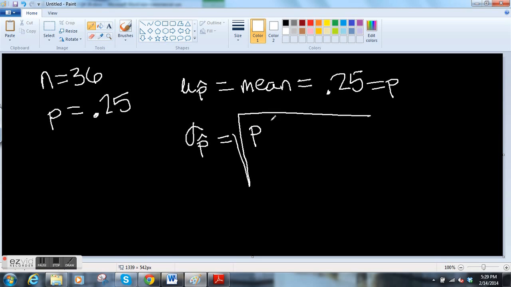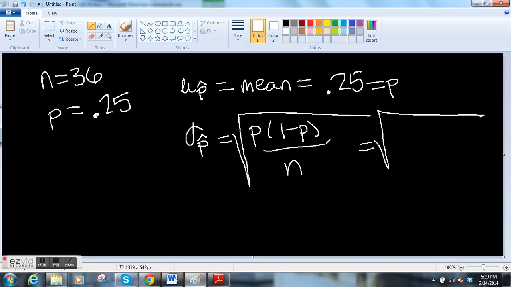the square root of p, the proportion, times 1 minus p, all divided by n, which is equal to, now we plug in the numbers, 0.25 times 1 minus 0.25, some of you might just think 0.75, all divided by 36.